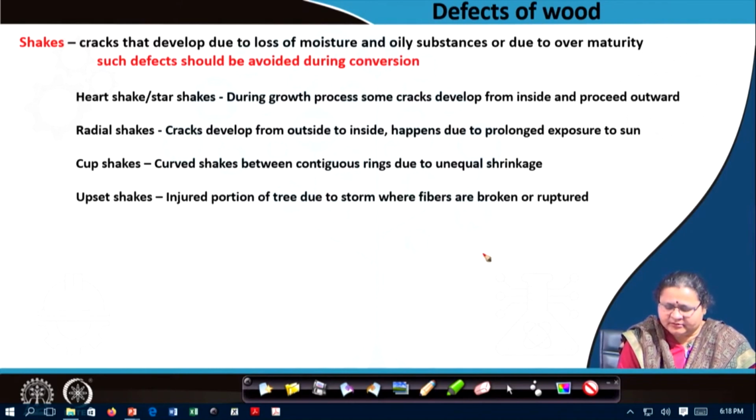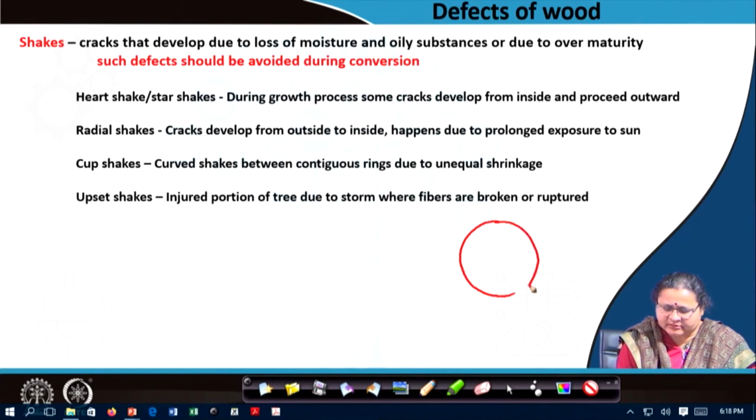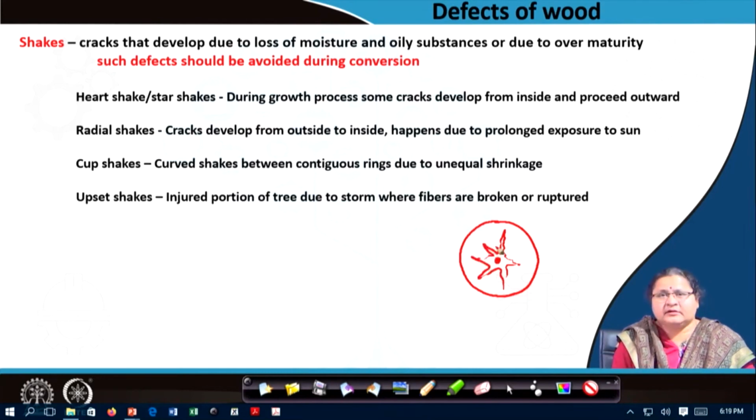When the shake within the cross section starts from the center or the pith and propagates outward, these are fine cracks developing, and these are due to loss of adherence of one layer to the other. This kind of crack is called heart shake. From the heartwood it evolves and moves to outside.